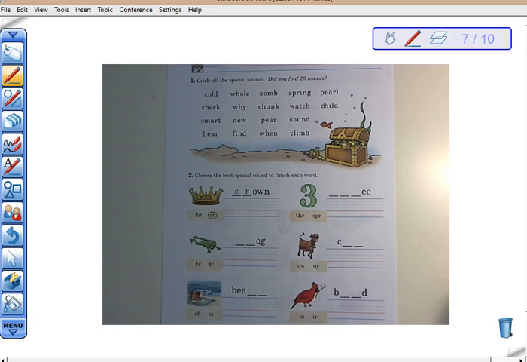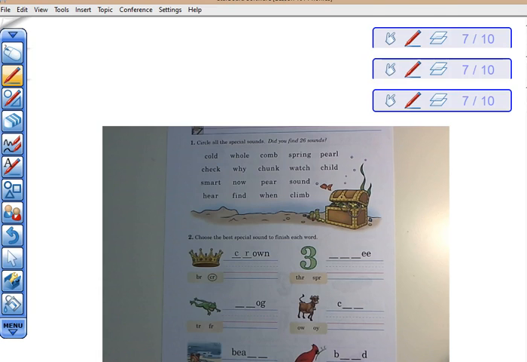You have to circle the special sound. I want the special sound written on the two lines, and then the whole word written underneath. So there are 3 things that you need to do. Any questions? No. Good. Let's switch out our papers.